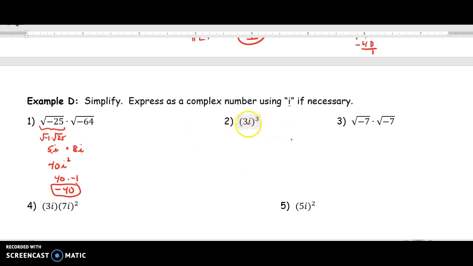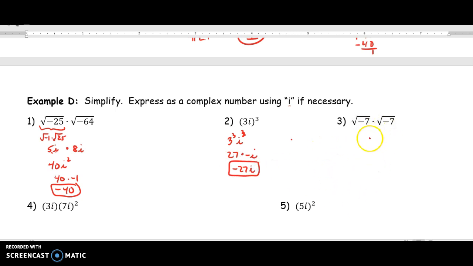The next one, I'm going to raise 3 to the third and i to the third. 3 to the third is 27. i to the third, if you go up to that chart, is going to be equal to negative i. So 27 times negative 1 is negative 27i.